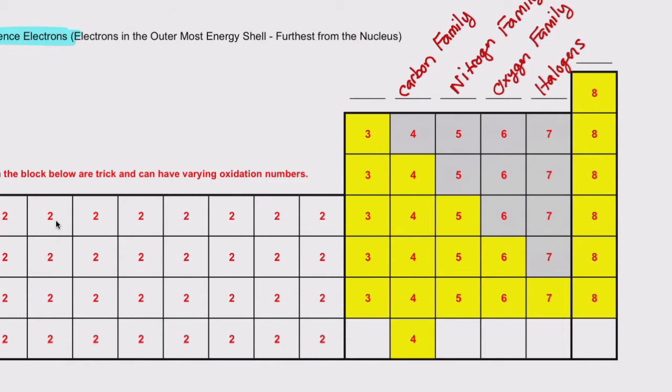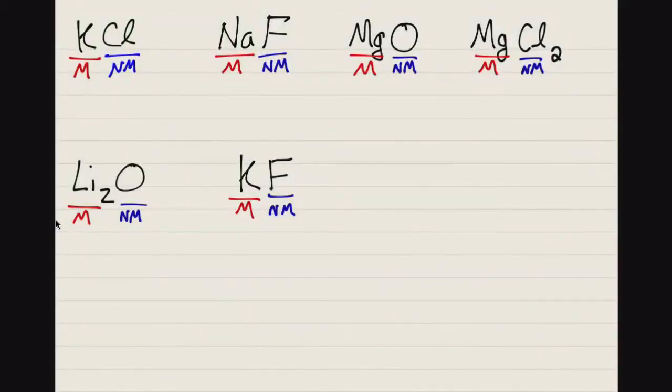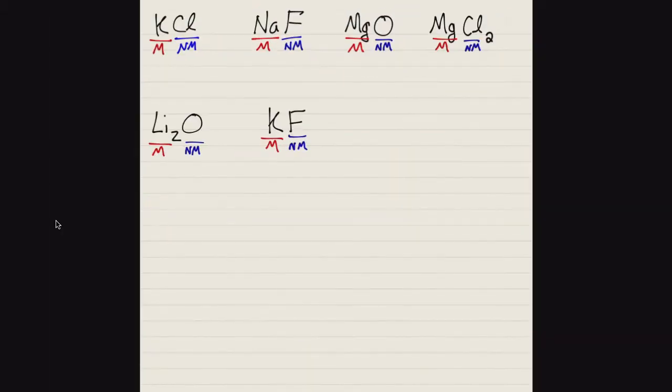And this leads me to the big idea for the day: when a compound or a substance has 8 total valence electrons, it's stable. So let's switch back over to our notes, and I'm going to have you write that.